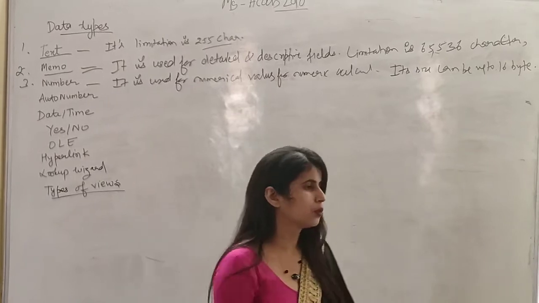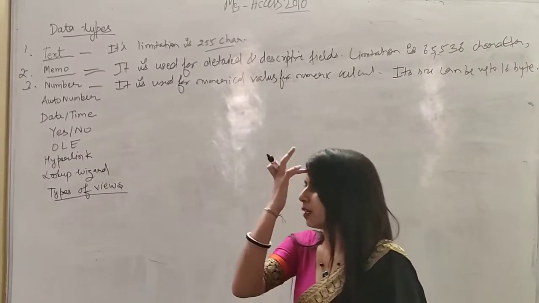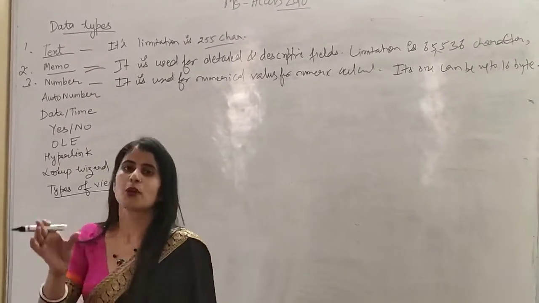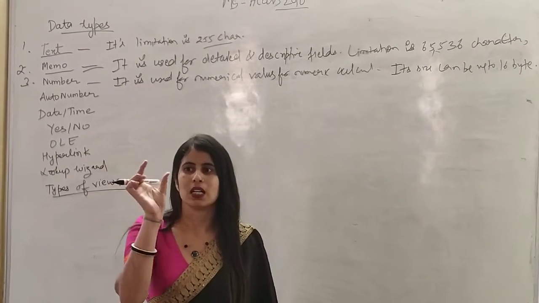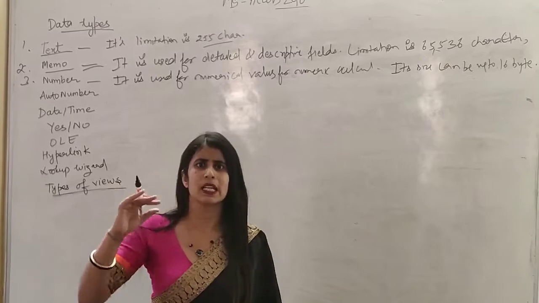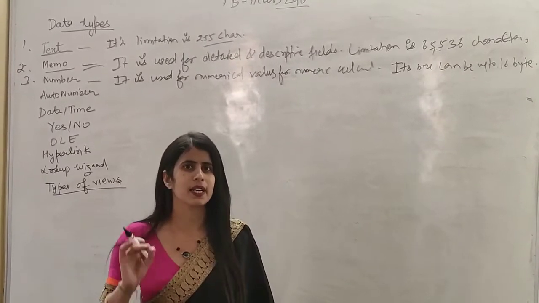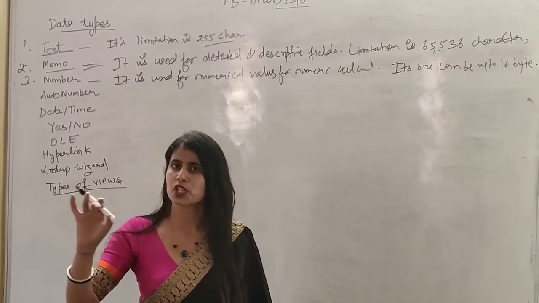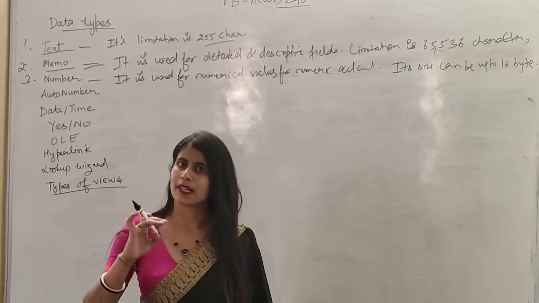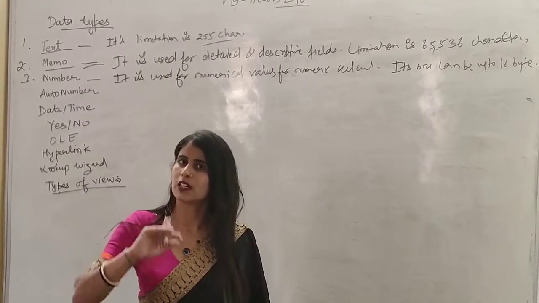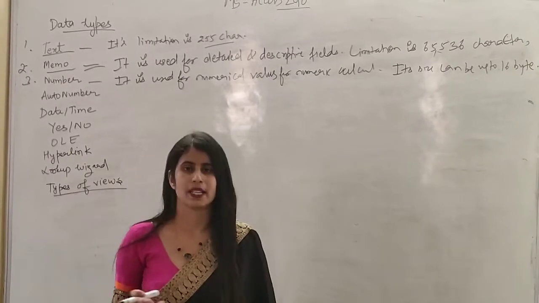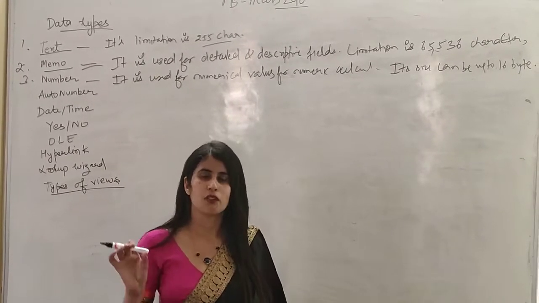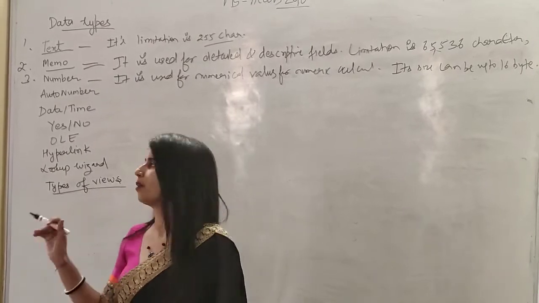Okay, now the next one is auto number. In auto number, numbering happens automatically. Once you have chosen the limit, say 1 to 30, and you enter the data, after entering the first value the second will come automatically. When you finish the second value, the third will come automatically. In this way the numbering occurs automatically. So for that kind of work we use auto number.